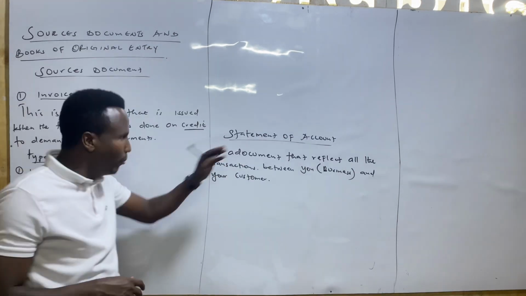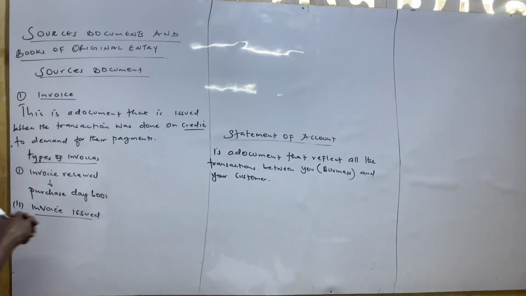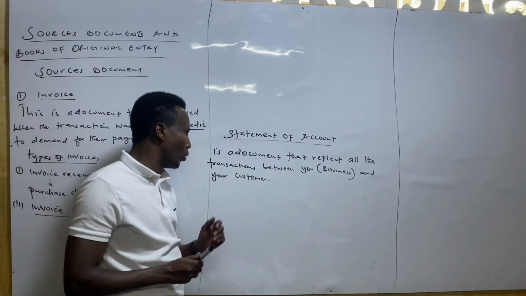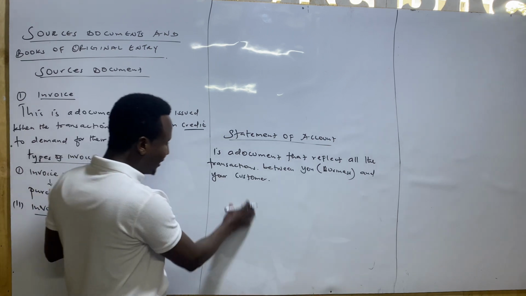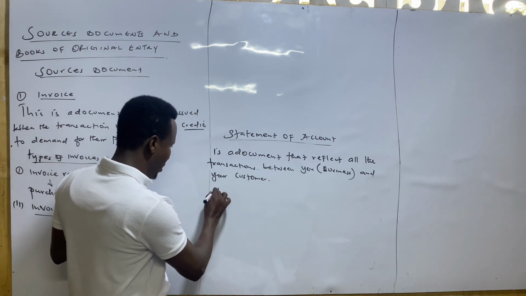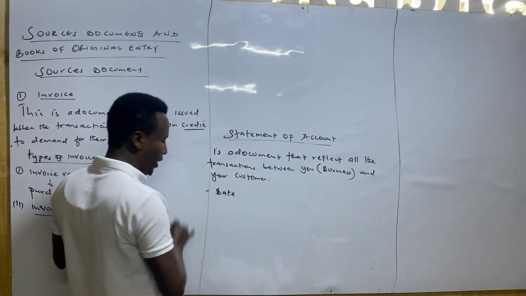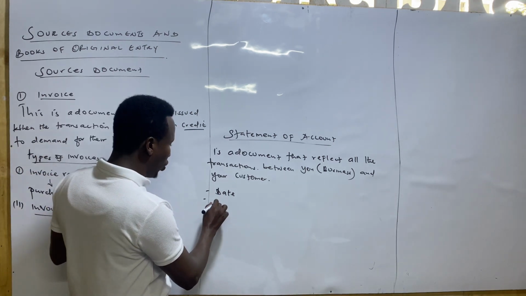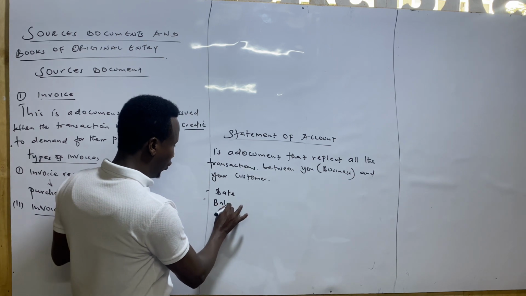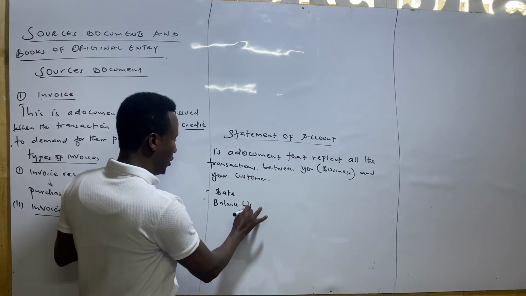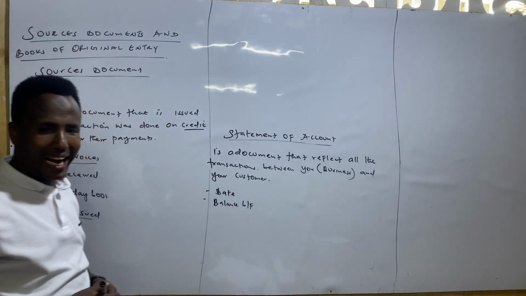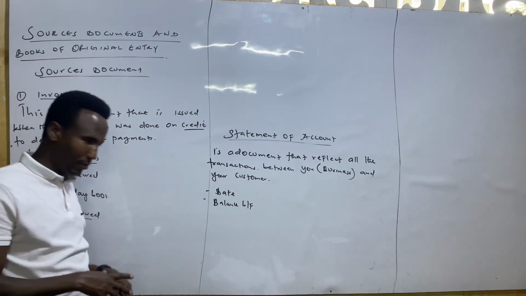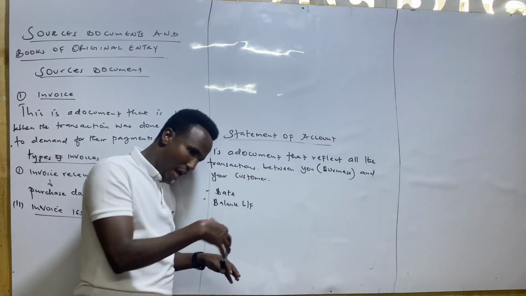Now, when it comes to this one, it's somewhat complex compared to the other. The format must have the date when it is prepared. Then it must also have what we normally call the balance brought forward. Maybe you had a balance with your customer which he or she has not cleared last month, so you need to bring it down to this month.